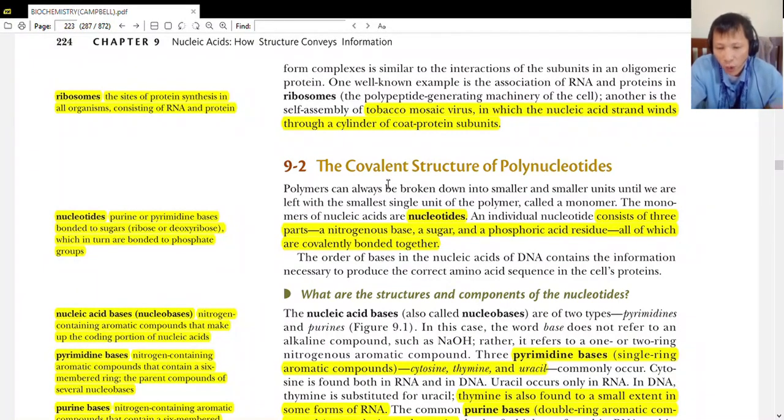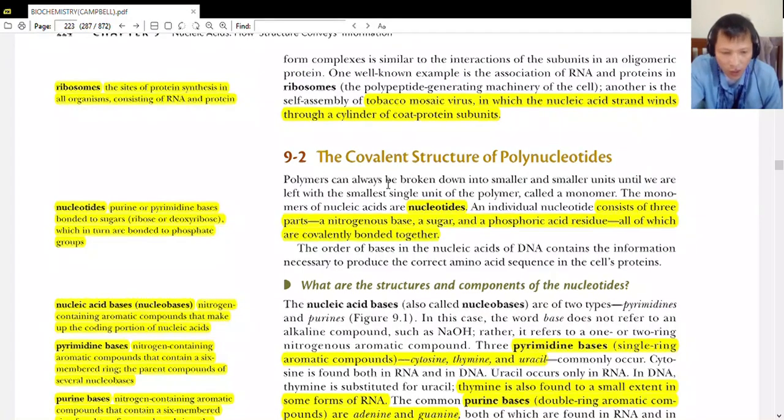Because it's made up of nucleotides, the nucleotides are composed of three things: purine or pyrimidine, bonded to sugars, so it has a sugar part to it, and which also has a phosphate group. We can see the structure to it on the coming part.